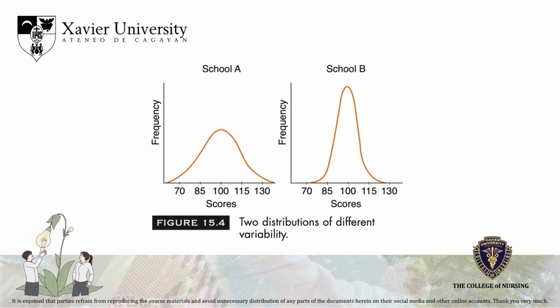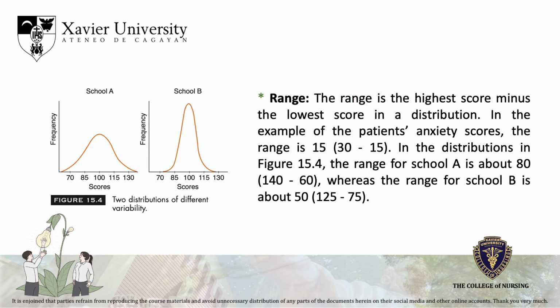So researchers compute an index of variability to express the extent to which scores in a distribution differ from one another. The most common indexes are the range and standard deviation. First, we have the range.